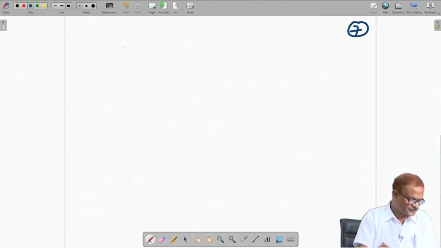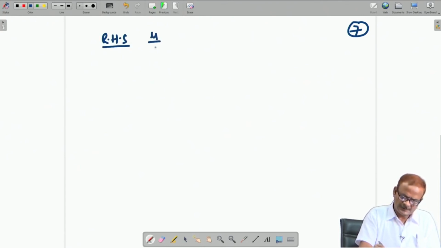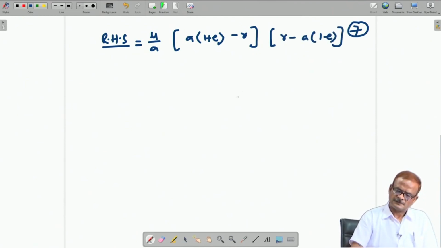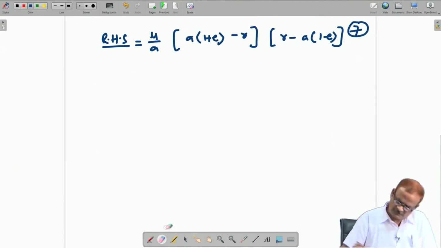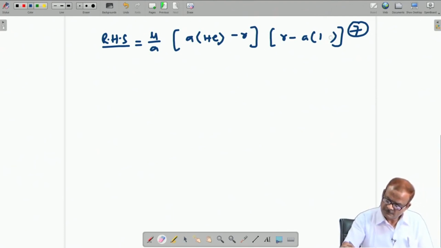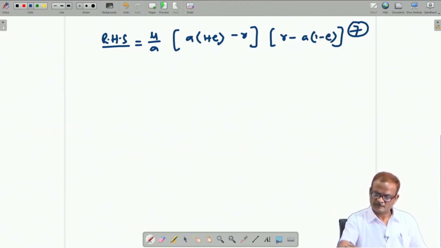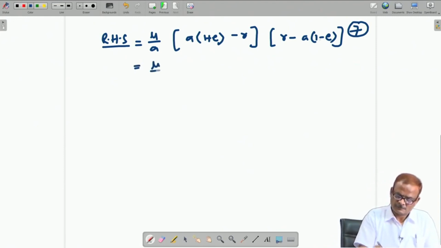In the actual expression, the right hand side is mu by A times 1 plus E minus R, and then R minus A times 1 minus E. Expand it.